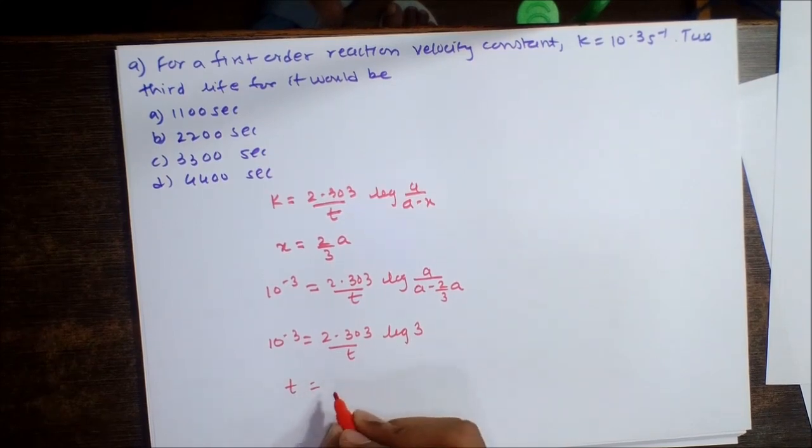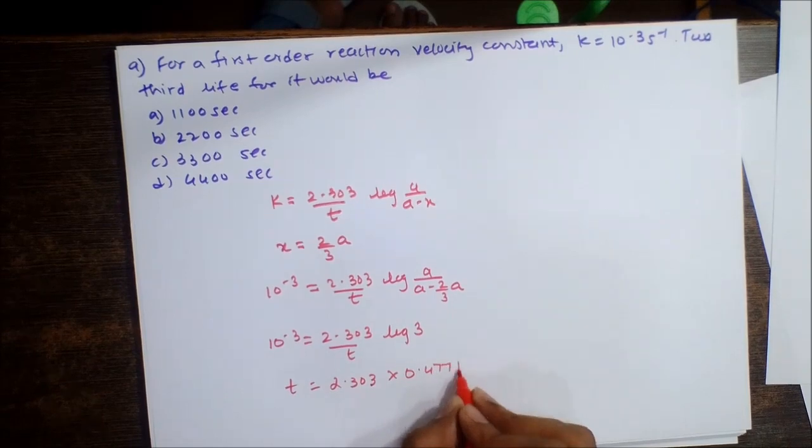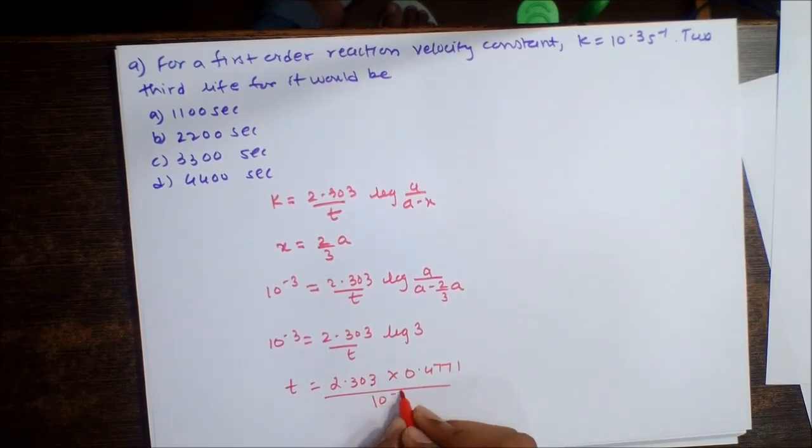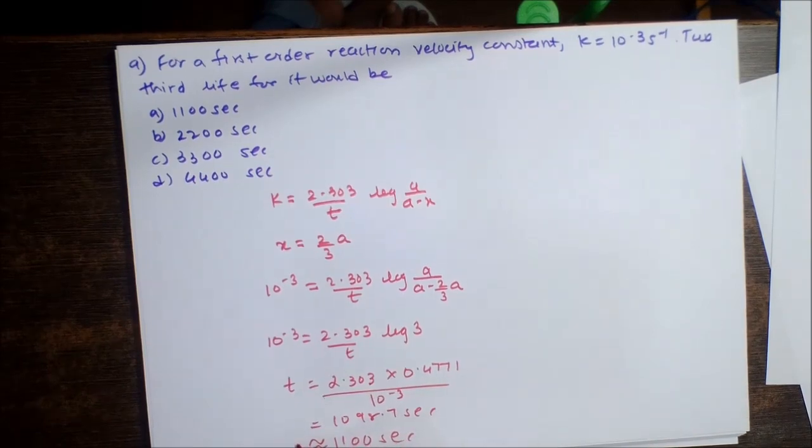Therefore, time would be equal to 2.303 into 0.4771 upon 10 raised to minus 3, which comes out to be 1098.7 seconds, which is approximately 1100 seconds.